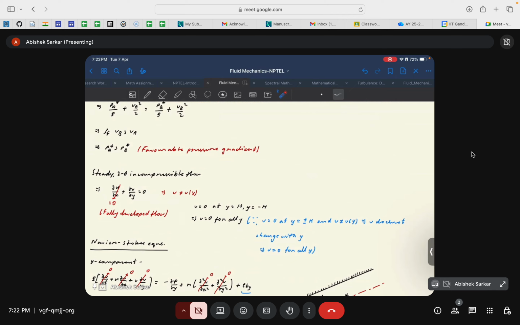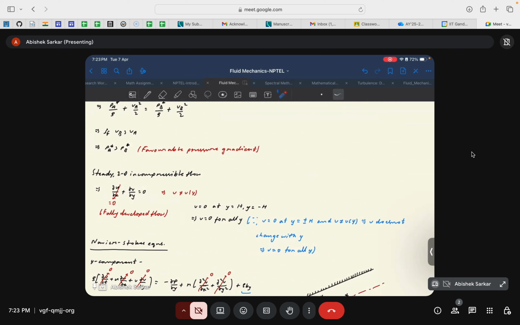Now v is equal to 0 at y equal to h and y equal to minus h from the no penetration boundary condition, okay? And if that's the case, v has to be 0 for all y, since v is 0 at both y equal to plus h and minus h. Again, I think I should revisit the geometry for this clarification. And v is not a function of y, so it essentially means that v does not change with y, and thus v is equal to 0 for all y, okay?